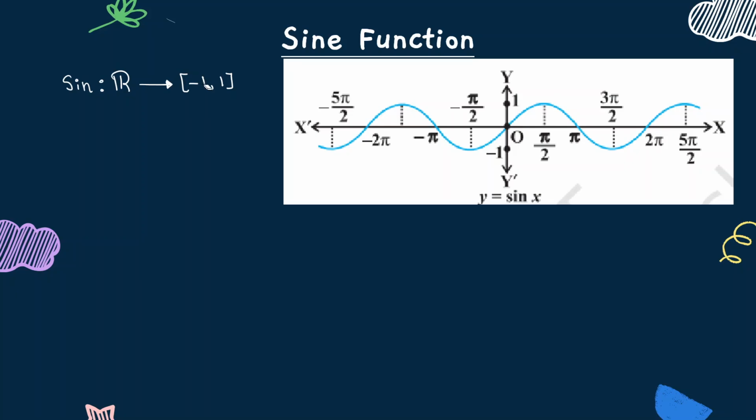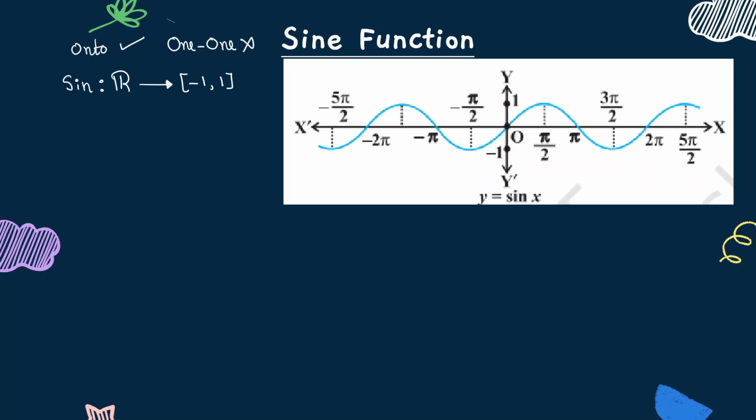Since it covers all the points from -1 to 1, our function is definitely an onto function. But since it is repeatedly taking the same value at many different points, the function is not 1-1. Since it is not 1-1, it is not bijective, and hence it cannot have an inverse.